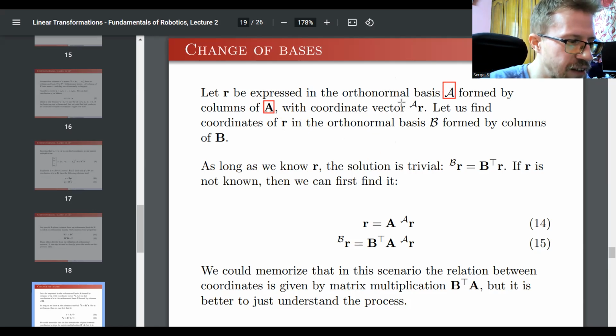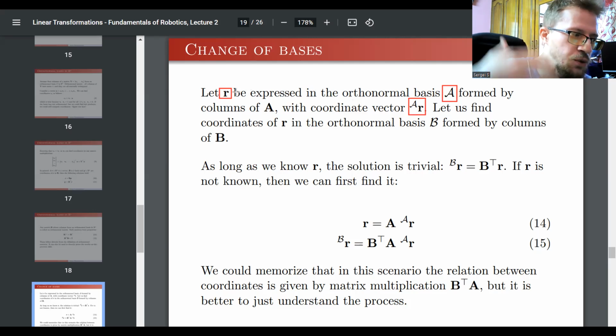Okay, good. So let us find... Now, A subscript A is the coordinates of R in basis A. So R is an abstract vector.